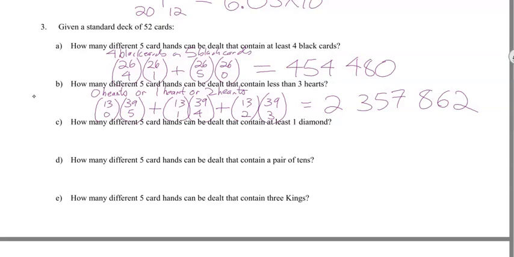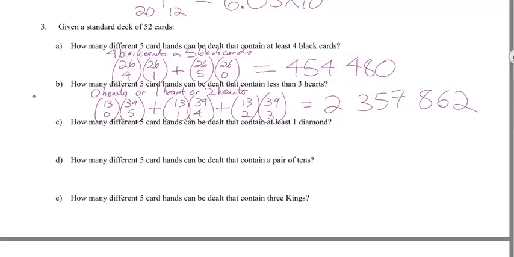So if you think, I got a 5-card hand, then what you should be thinking is, I could have no hearts, or 1 heart, or 2 hearts, or 3 hearts, or 4 hearts, or 5 hearts. Right? So there's 6 ways that can happen, right? None, 1, 2, 3, 4, or 5. Now, if we want less than 3, that's 0, 1, or 2.